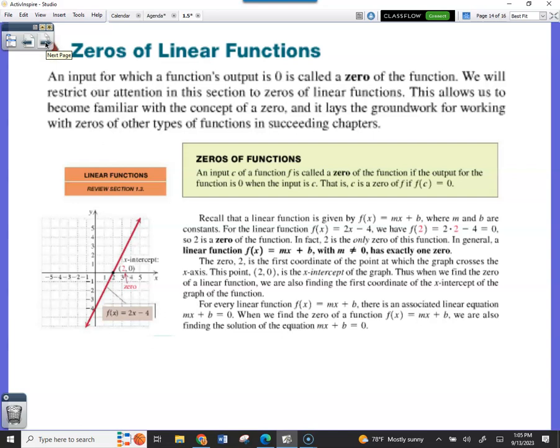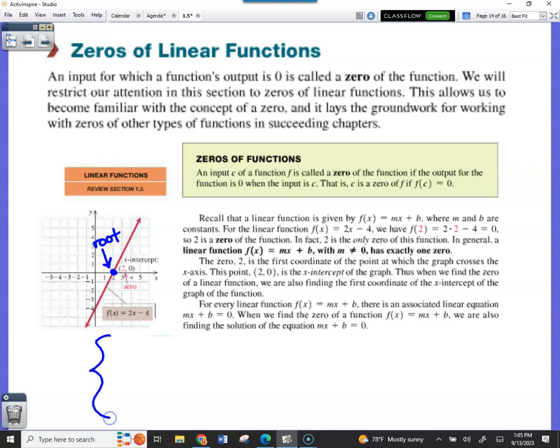Zeros of linear functions. The purpose of this slide is to tell you that there are multiple vocab words for something you've been working with this whole time. X-intercepts, roots, solutions, and zeros. On your paper, if you want, draw an arrow to this and write the word root.